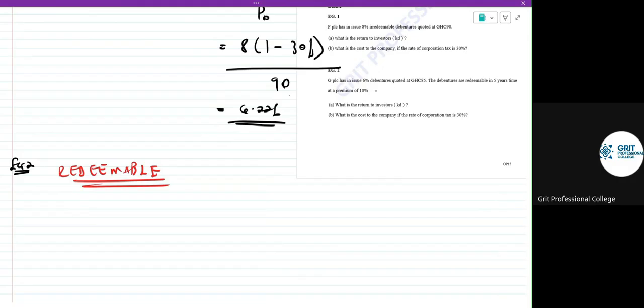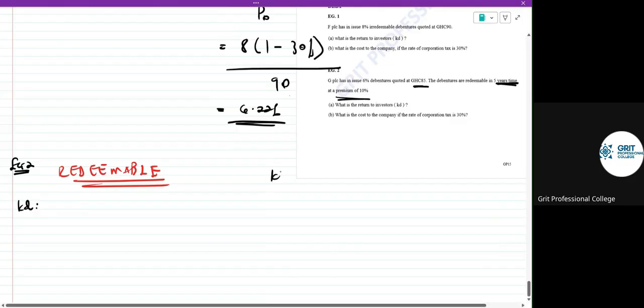JPLC has in issue 6% debentures quoted at 85 cedis as the price. The debenture is redeemable in 5 years' time at a premium of 10%. What is the return to the investor? So also, we're going to do KD, and then what is the cost to the company, which is KD(1 minus T). Now, the formula I showed you is what we are going to apply.